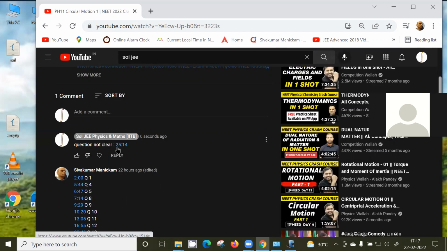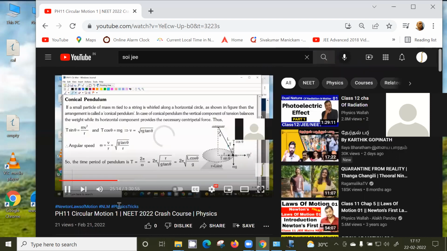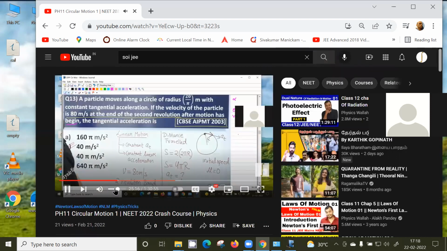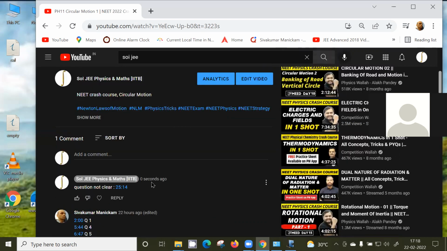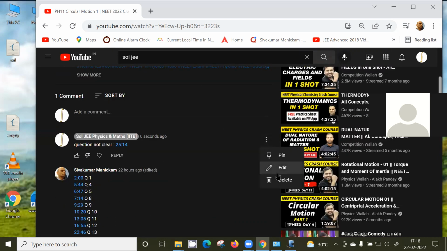And for creating timestamps, you just type 25 colon 14. It will automatically go to the timestamp 25:14. You don't have to take a note separately. Just write your notes in the comment section, and then you can delete it after 2 or 3 days.